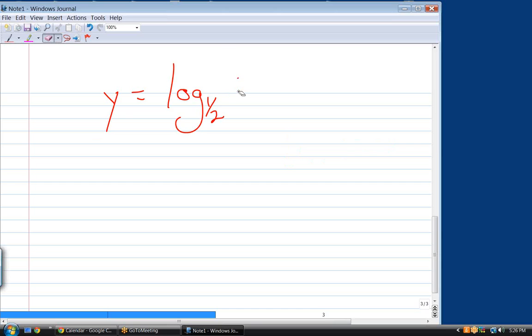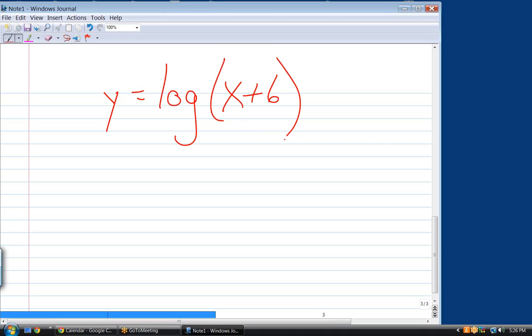What about this? What's the domain of that? Would it be any number equal to or greater than 0? Well, our requirement is that whatever the argument is has to be greater than 0.